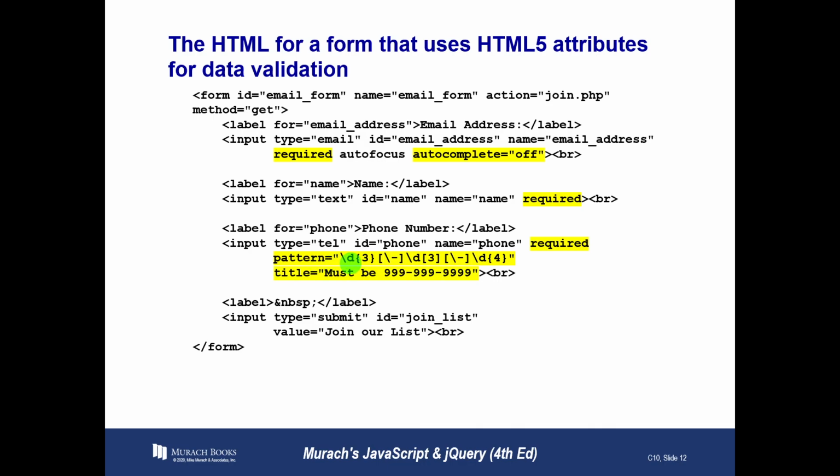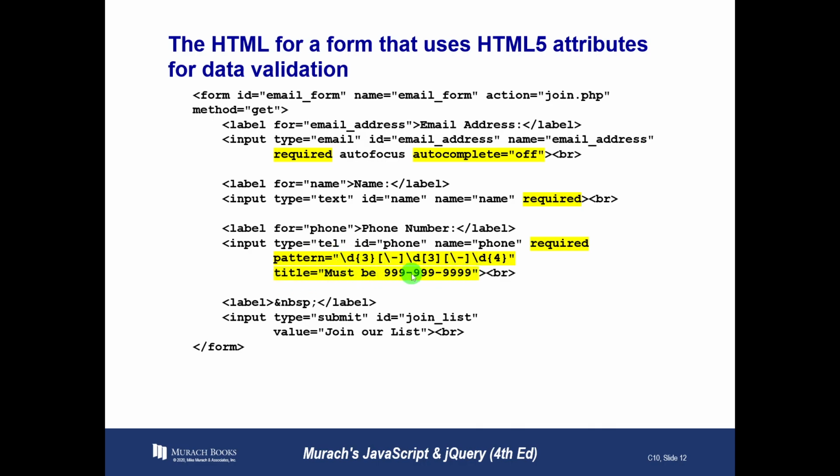So just looking quickly at this expression, this is saying that we need 3 digits, followed by a dash, followed by 3 more digits, followed by a dash, followed by 4 more digits. That's basically how it works. Very, very powerful pattern matching built into regular expressions. And then a title that says must be, and it shows the actual format.